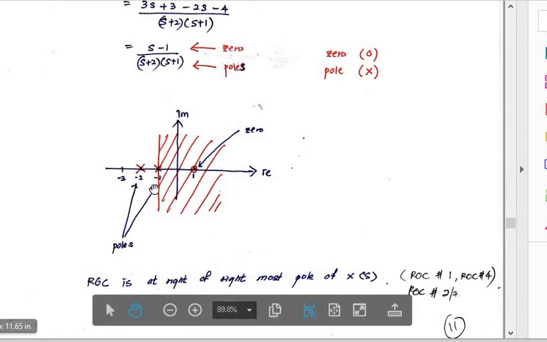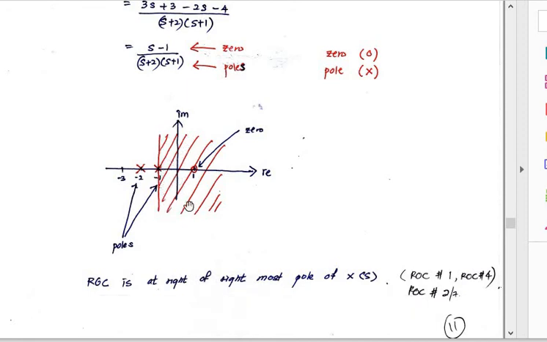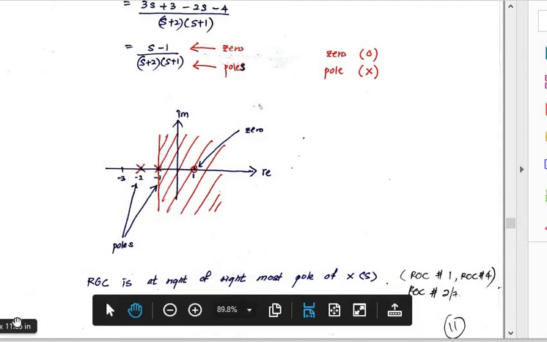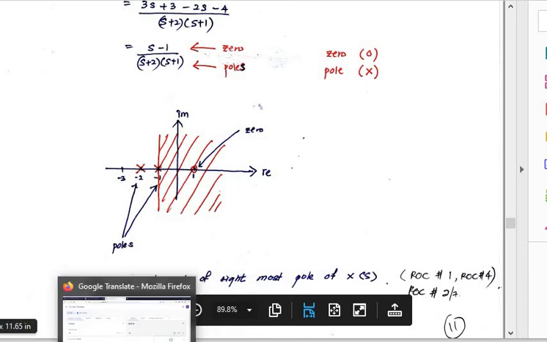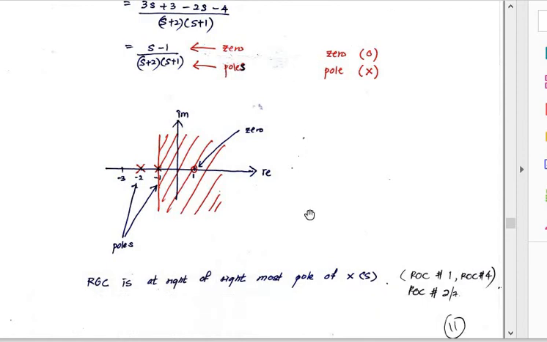This is a pole, this is a pole, so no pole is allowed. You can only start from here to the right, not from negative 2. Property 8 states that it should be to the right of the rightmost pole, so it starts from negative 1 to the right-hand side.